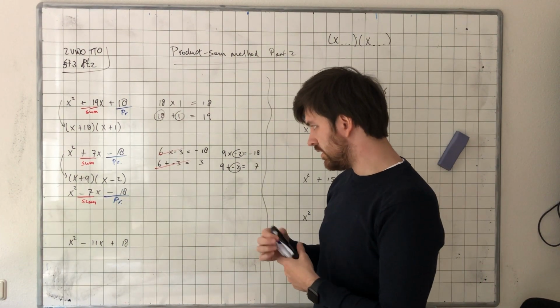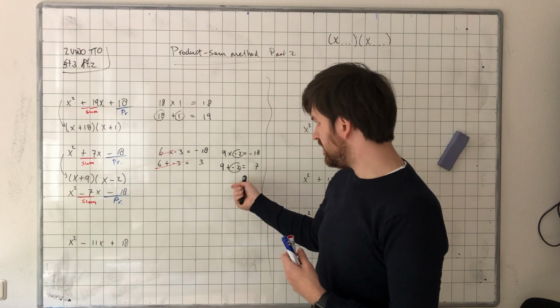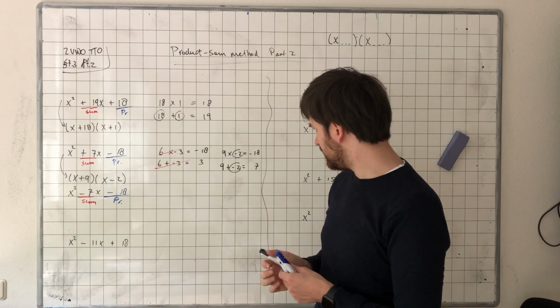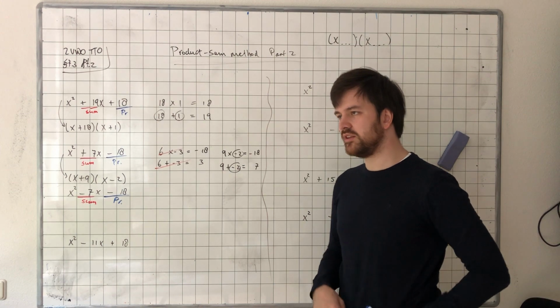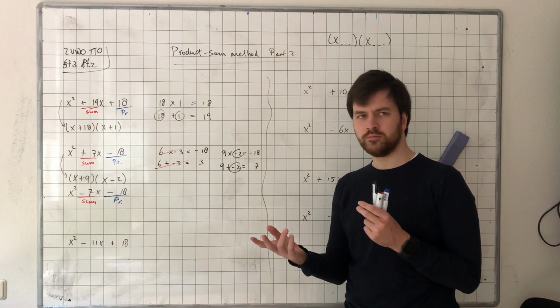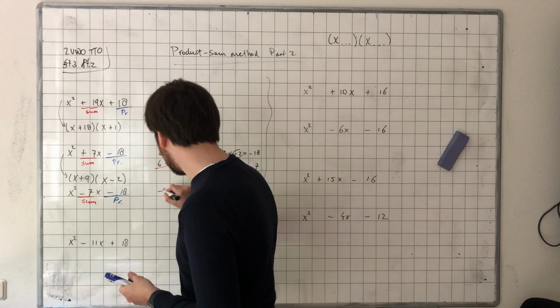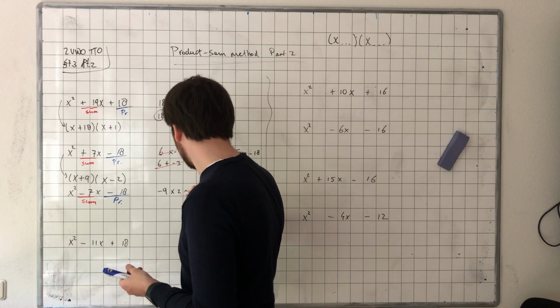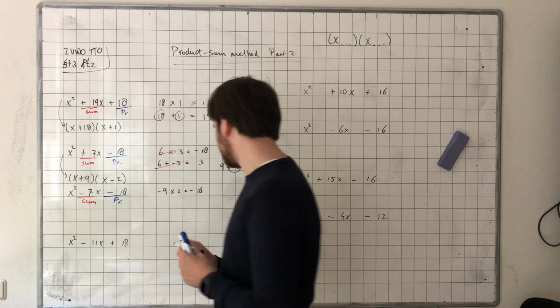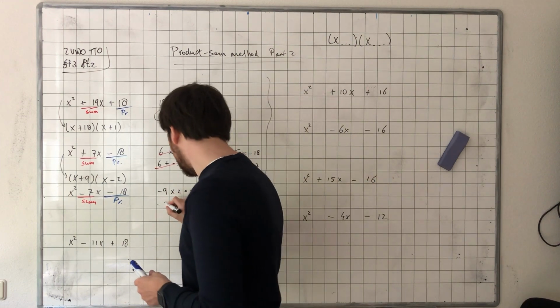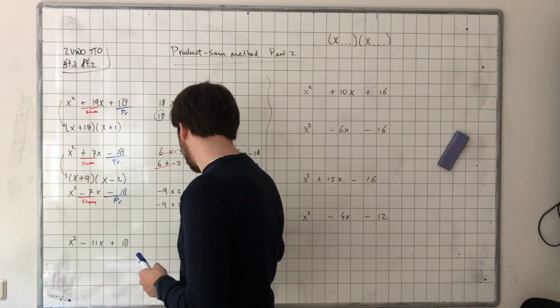So, if I use the same two numbers I just did, 9 and 2, but instead of minus 2 I'm going to use 2, and instead of 9 I'm going to use minus 9. Then I have minus 9 times 2 is minus 18, and minus 9 plus 2 is minus 7.